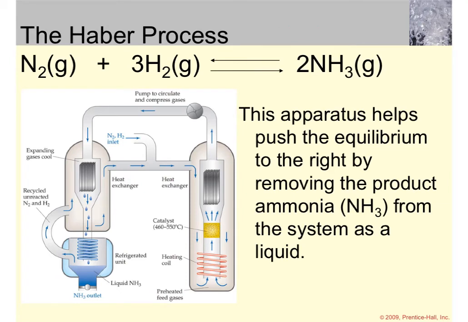Now, this is just a cool example. Ammonia is in a lot of our cleaning agents. It's a big part of fertilizer. It's a really important industrial product. And this is the reaction that's used. It's called the Haber process in industry. And what is done to increase the yield is as ammonia is formed, as the product is formed, it's removed.